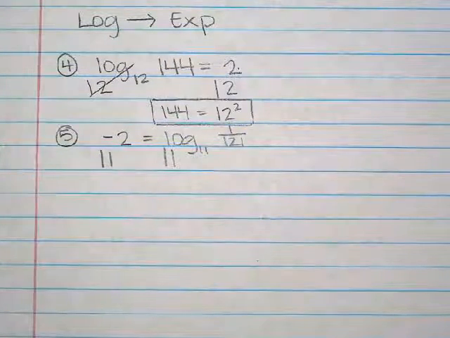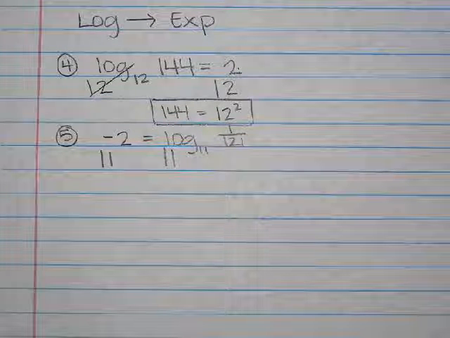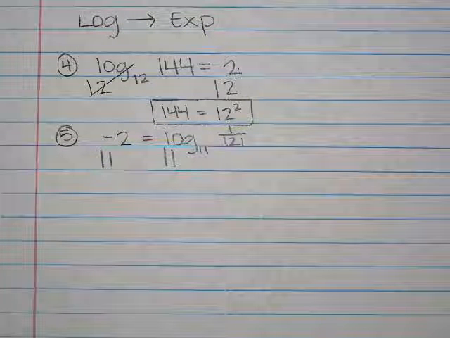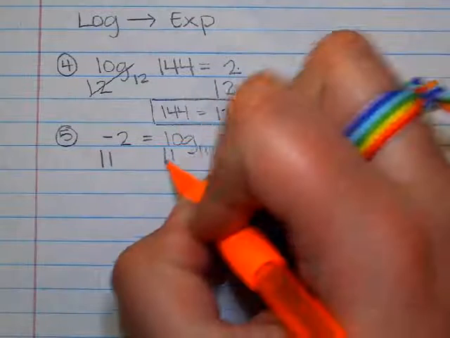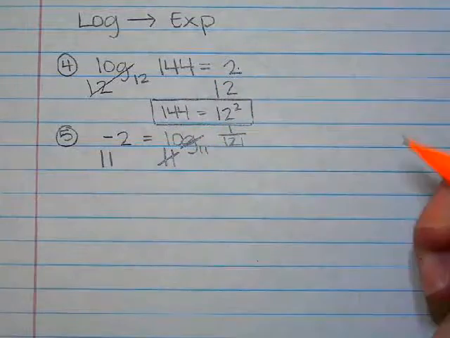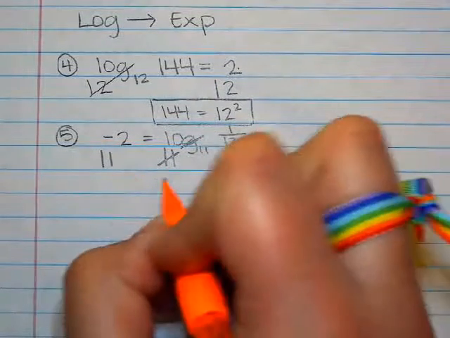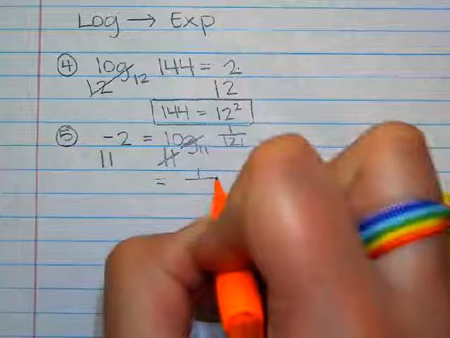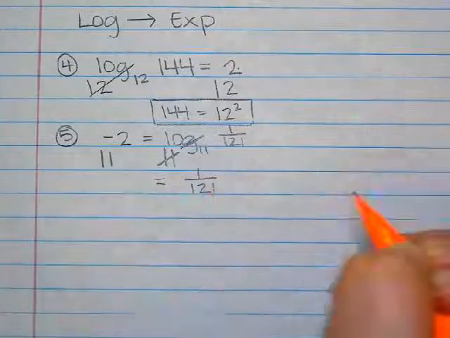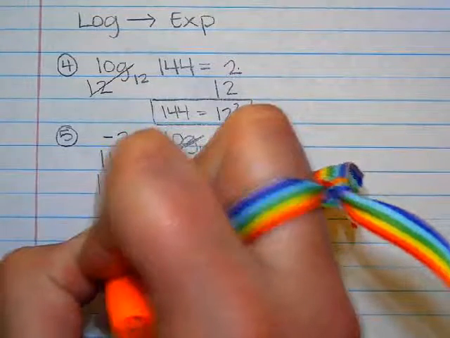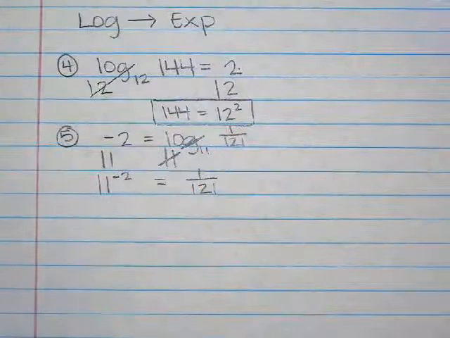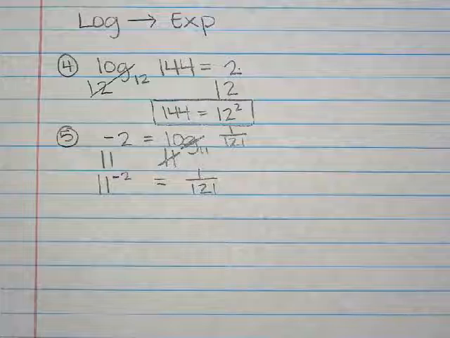Yeah, the log base 11 and the 11 cancel. So we're going to say that 1 over 121 is 11 to the -2 power. Does that make sense? 11 to the -2 would be 1 over 121? Yeah, that's valid.